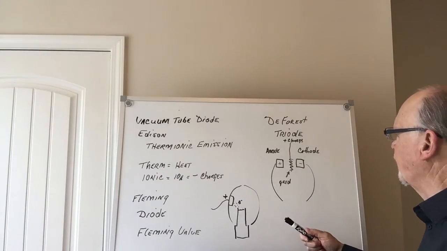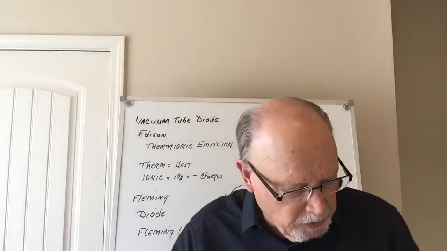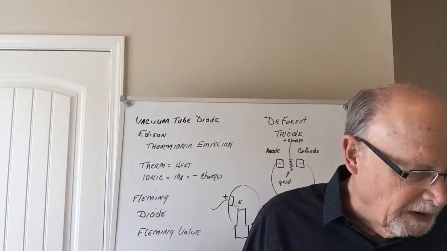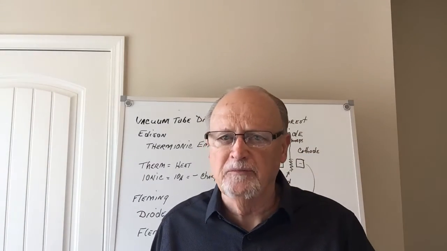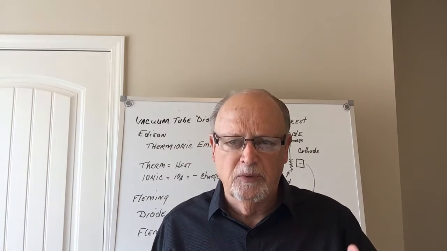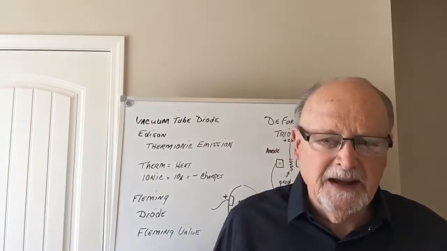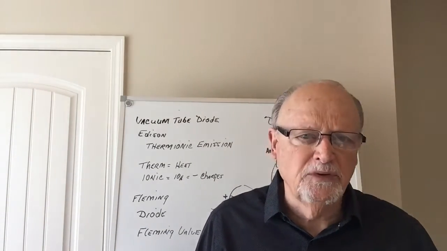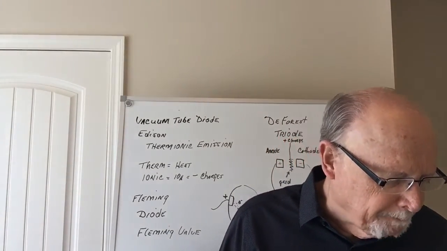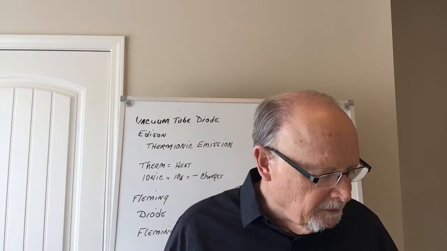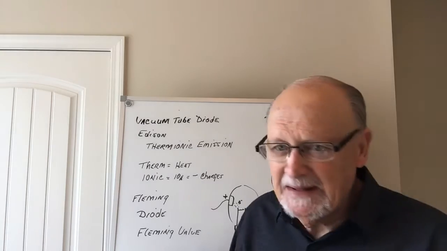Fleming took it a step further, and it allowed the electrons to move in one direction, of course. That's what we're after. He came up with that, and the ability to reduce the voltage. And then the diode causes that current to go in one direction.